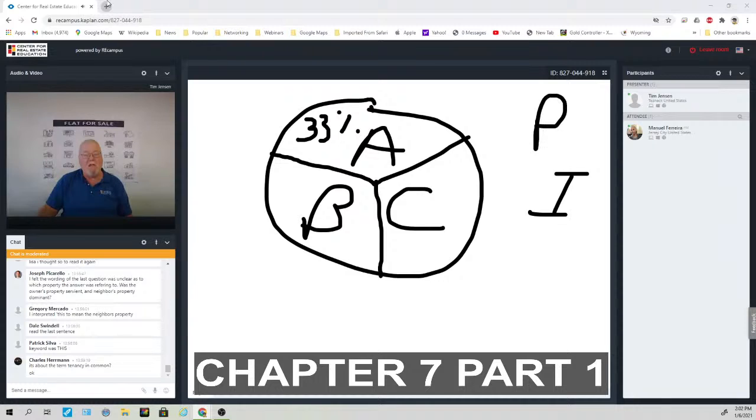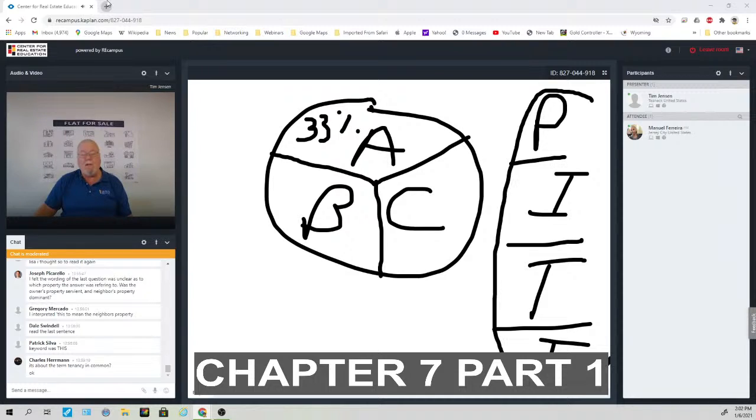They all have the same possession interests in the property. They all took title to the property at the same time. If they have established these four, what they call unities, if they have possession, interest, time, and title all equal, they may not have tenancy in common. It all depends on this hinging factor.